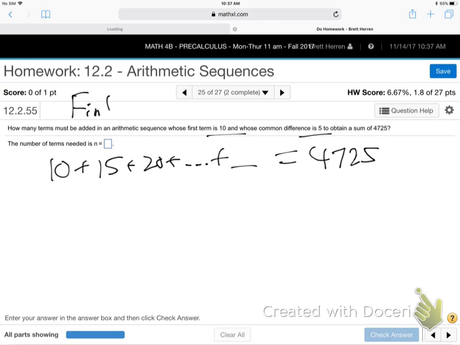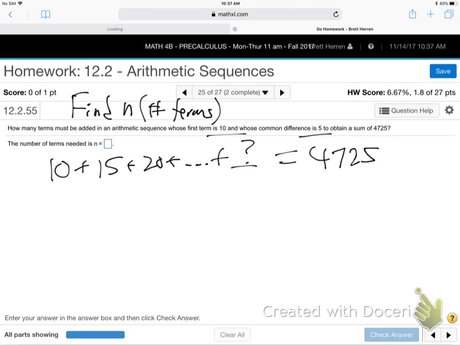Find n, number of terms. Remember, n is always the number of terms. How many terms, adding 5 every time: 10, 15, 20, 25, 30, 35, 40, 45, 50, add them all up, stop somewhere, I don't know where, and they add up to be 4725. How many terms? That's the question.